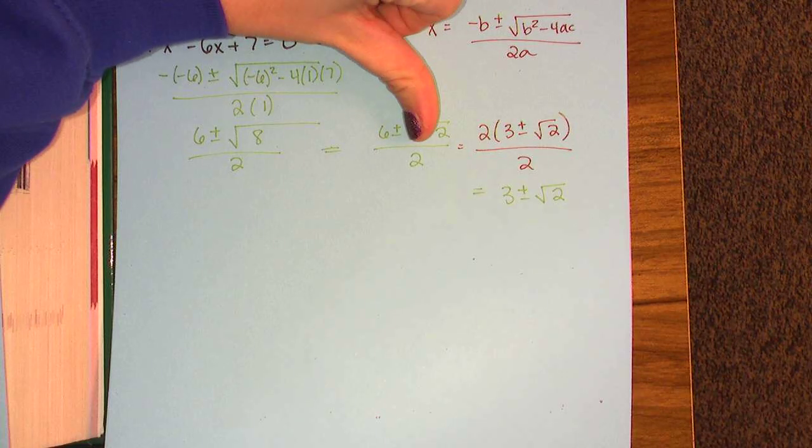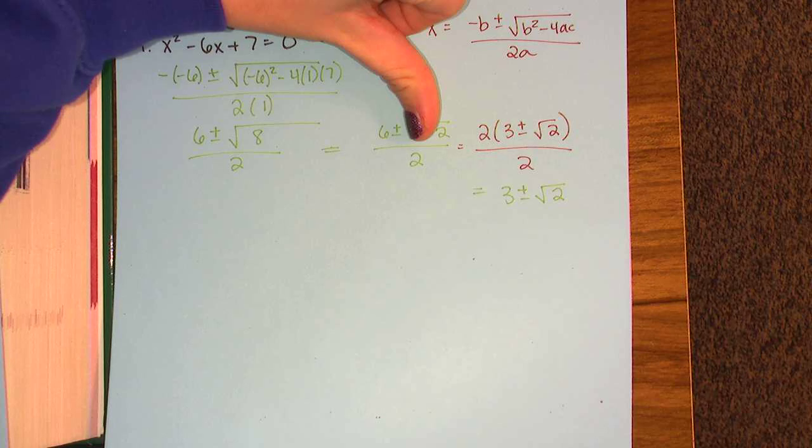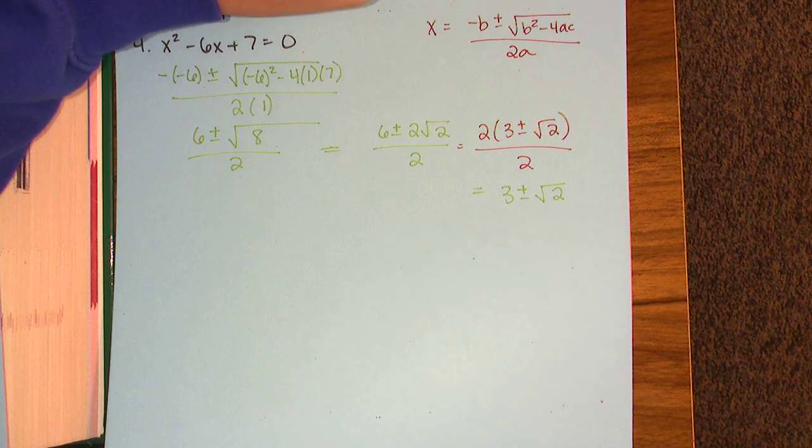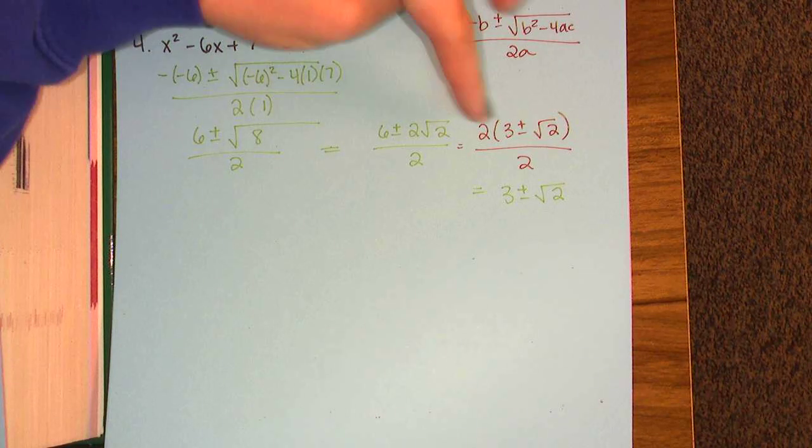People will tell me that the answer is 3 plus or minus the square root of 2 over 2. That's not true. Or they'll get rid of it entirely and tell me that it's 3, plus whatever. In this case, it probably would have actually worked out for you, but you have to pull it out of both pieces.